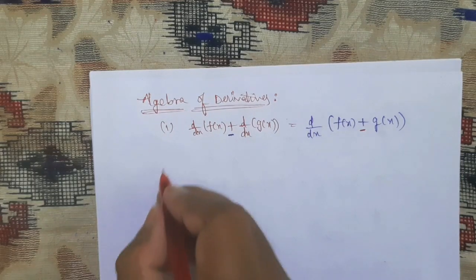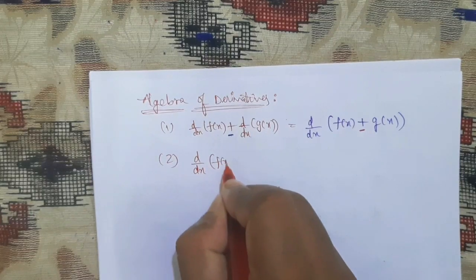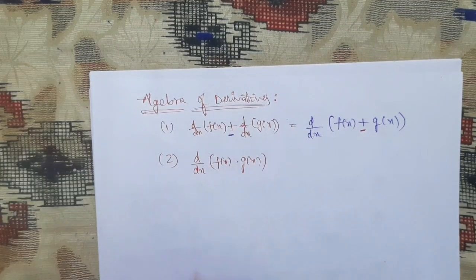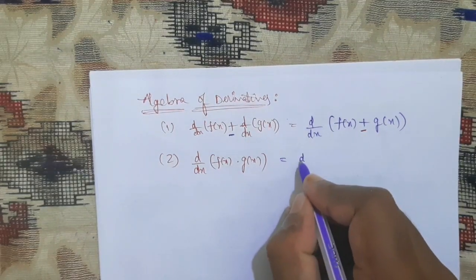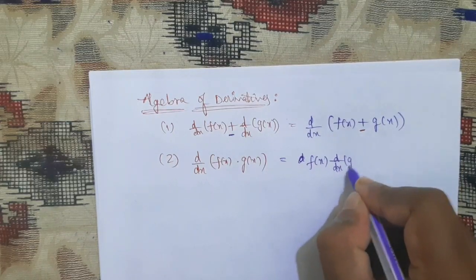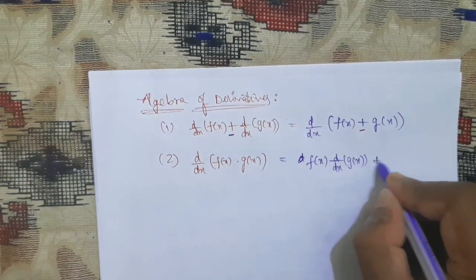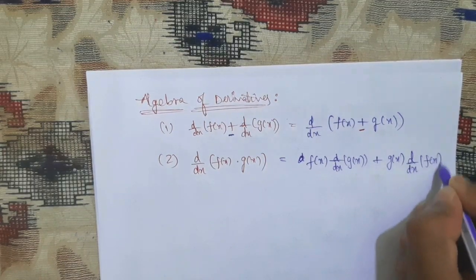Now in another case, if it is d by dx of f of x into g of x, then we will write this derivative as f of x into d by dx of g of x plus g of x into d by dx of f of x.